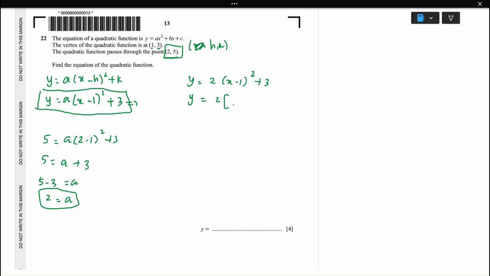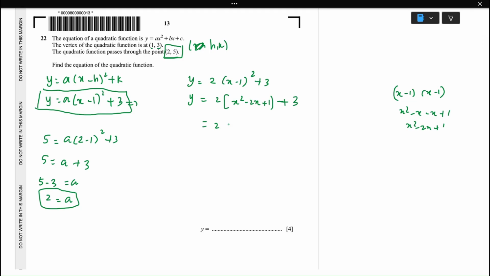Expansion: 2 into x minus 1 whole square, which is x minus 1 times x minus 1. So expand, x square minus x minus x plus 1, which is x square minus 2x plus 1. So I'll substitute here x square minus 2x plus 1 plus 3.